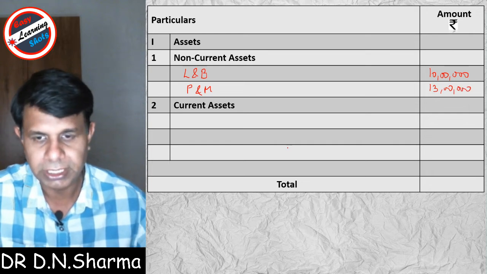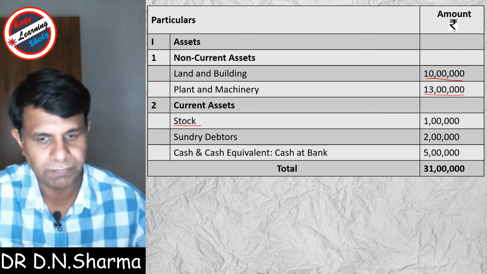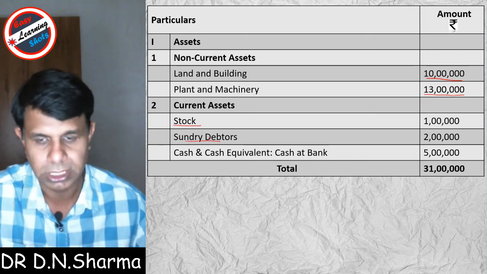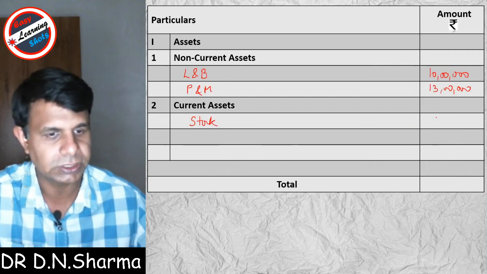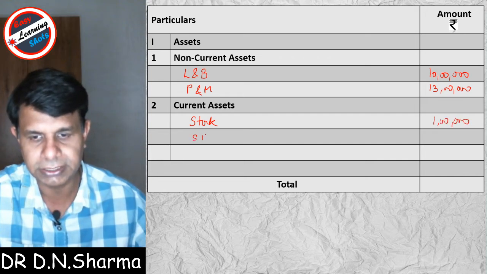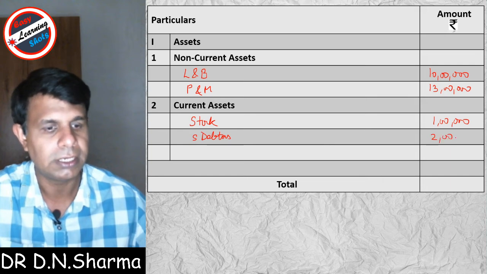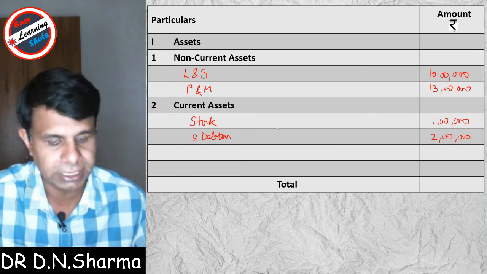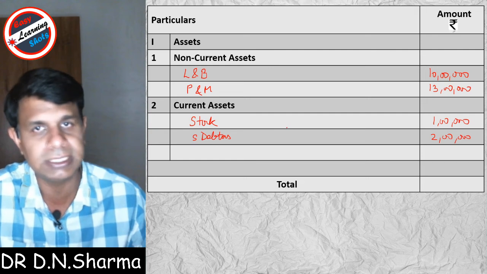Now, when we talk about current assets, we have a balance in stock account 1 lakh rupees, sundry debtors 2 lakh rupees. So first we write these balances. Under stock we have a balance of 1 lakh, and sundry debtors we have a balance of 2 lakh. Now when the amount is received by the company, then the bank account is debited, and when the company pays to the preference shareholders or any other party, then the bank account is credited.